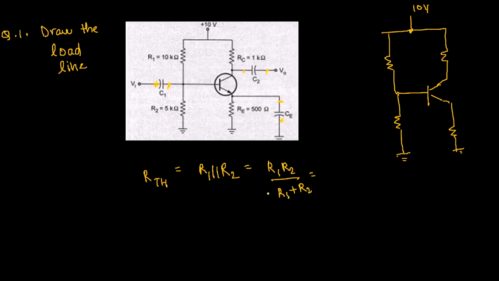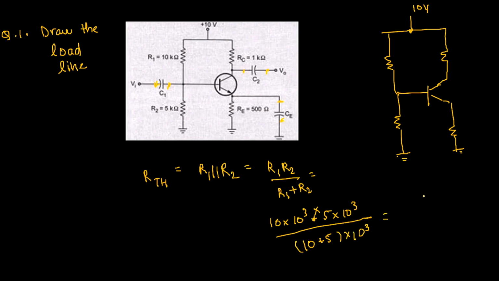R1 is 10 into 10 to the power 3, R2 is 5 into 10 to the power 3, divided by 10 plus 5 into 10 to the power 3.